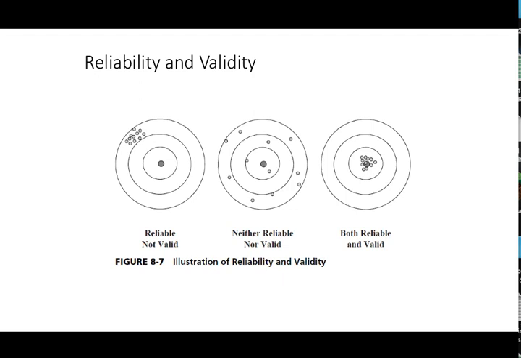On the far right-hand side, you see all the arrows have hit in the middle, on the bullseye. What that shows is not only is it reliable, because it's consistent within a small area, but it's also exactly what you want to be measuring, which is the bullseye, or whatever the outcome is that you want. So on the far left, it's reliable but not valid, but on the far right, it's reliable and valid. And that's what we need with respect to measurement.